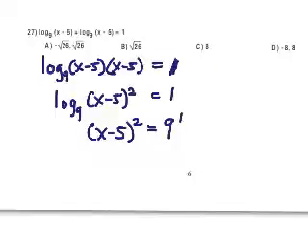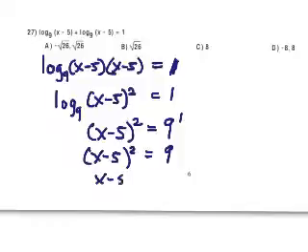And of course, 9 to the 1 power is 9. So we can take the square root of the square of x minus 5, so we get x minus 5 equals 3. Add 5 to both sides, and we get x equals 8.